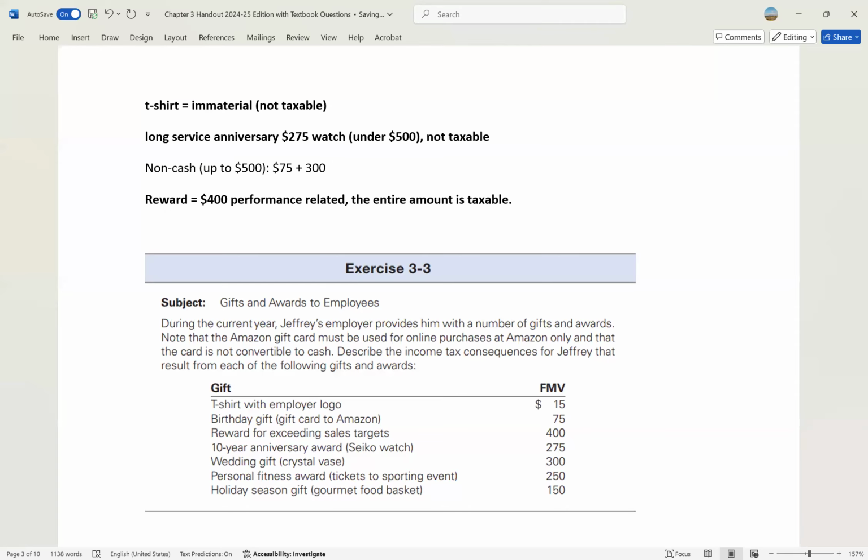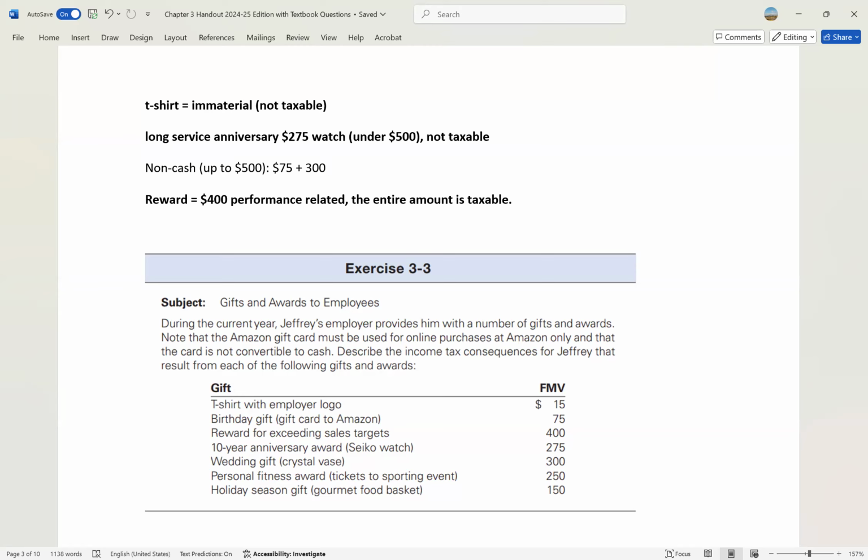And then we have the personal fitness award, tickets to a sporting event. Now, I need to clarify this. This is not related to his job. It's not performance related. As we saw above, he's probably in sales because he got a reward for exceeding his sales target. This is probably some sort of employee contest. Maybe they had a contest about who can achieve a certain fitness level.